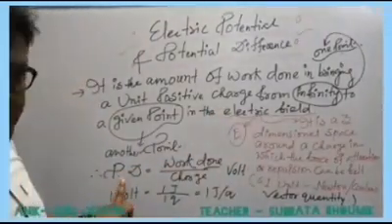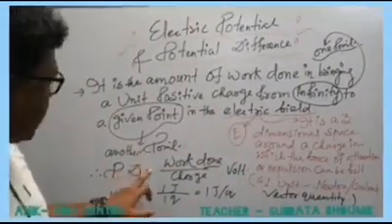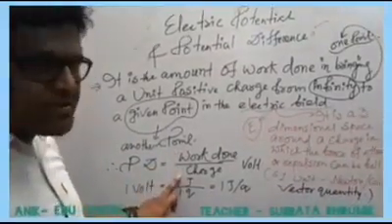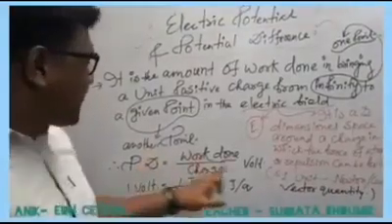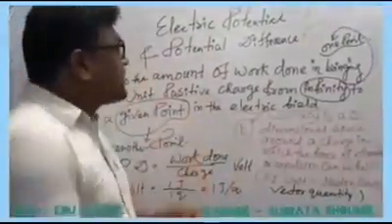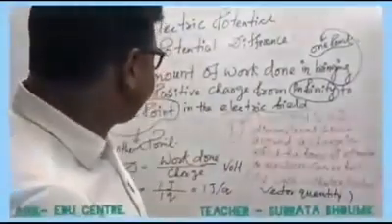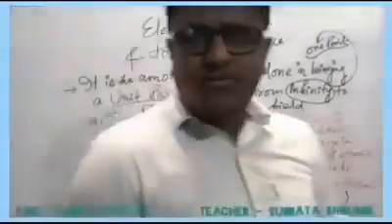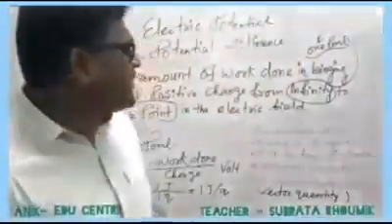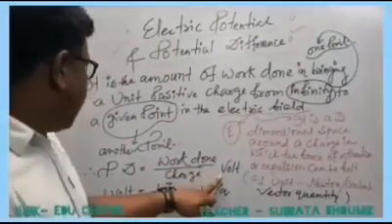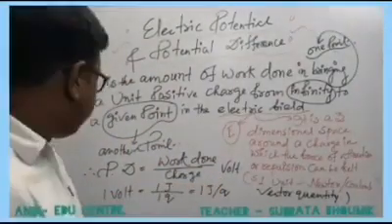For electric potential, it is from infinity to a given point. When you write potential difference, you just change the sentence to one point to another point in the electric field. The potential difference is equal to work done upon electric charges, and the unit of potential difference is volt. It is named after the famous Italian physicist Alessandro Volta.